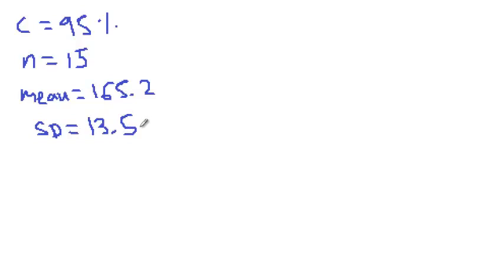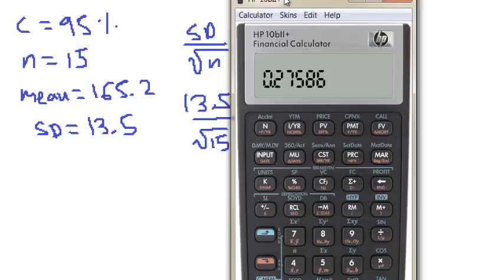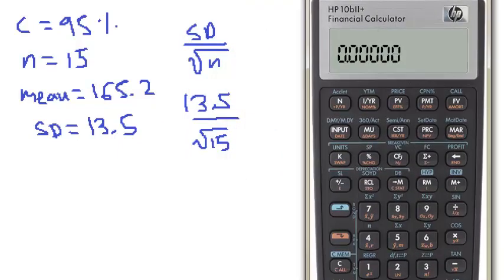So the first thing we want to do is get the population standard deviation. The population standard deviation, remember, is the general standard deviation divided by the square root of the sample size. So in this case, 13.5 divided by the square root of 15. Let's get out our calculator again. Clear it.